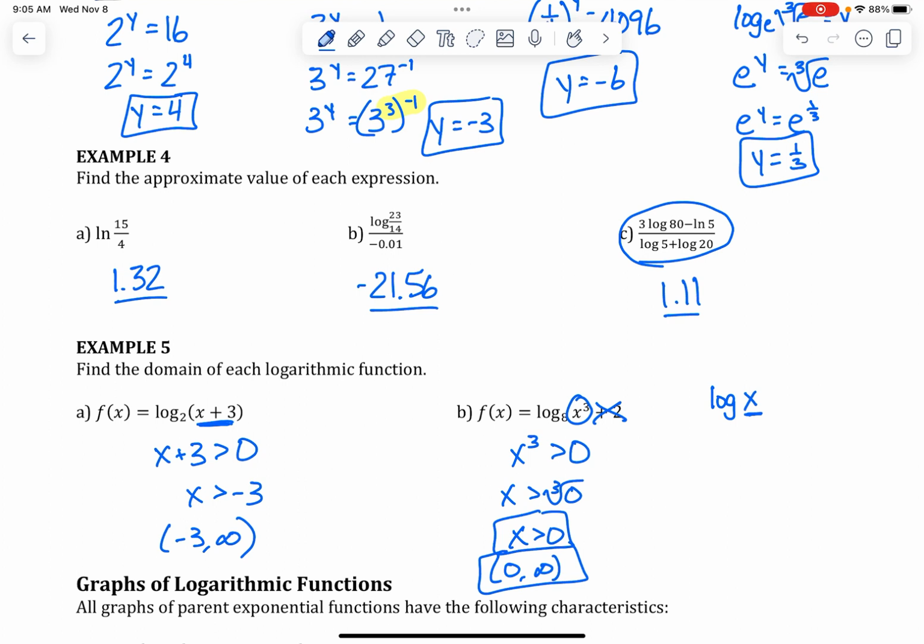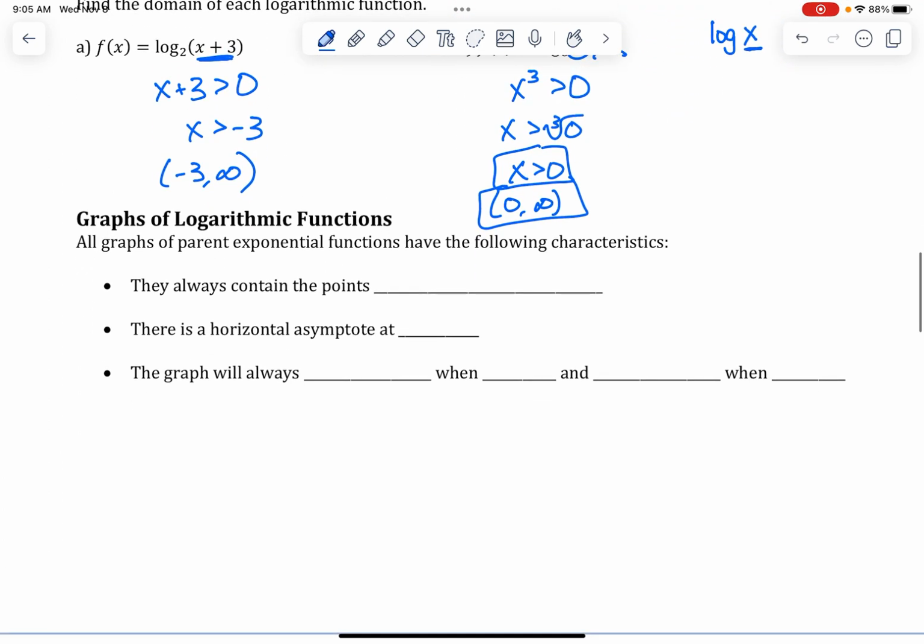All right, so this leads us finally into our graphs, right? So just like exponential functions, logarithmic functions have some standard graphs, and so we'll do some basic ideas along with some of the translations that come into this situation. So we talked last section about the points that are always on exponential functions.